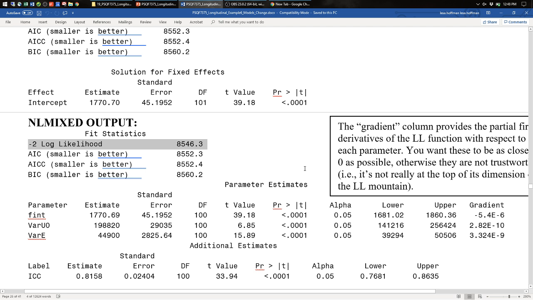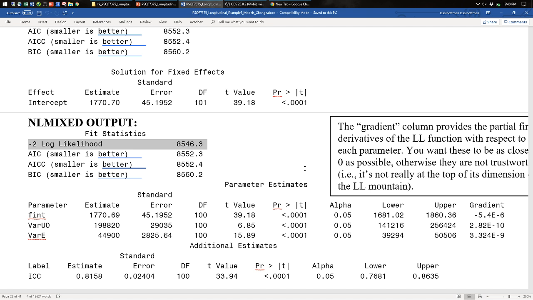What's that? Not a trick question. 8546, what does that tell me? You can read the words next to it if you're stuck. What does it tell me?